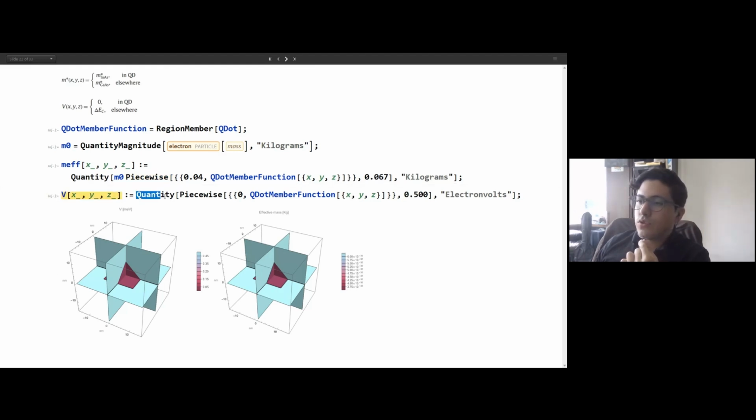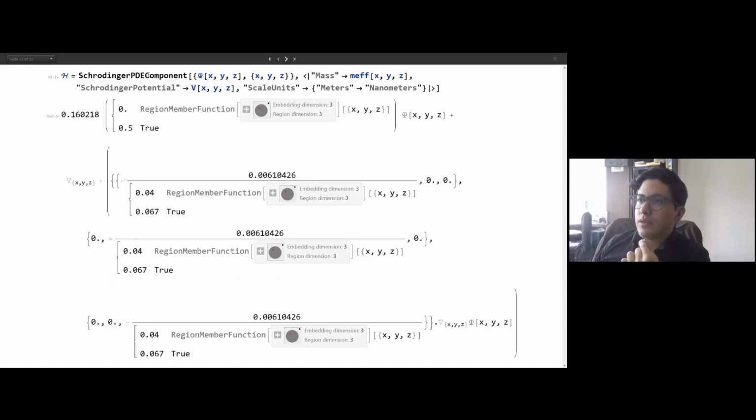And here we also use Quantity and give it the corresponding dimensions, because once we put that in the Schrödinger PDE component, it converts them to the SI base units by default. But once the mass and the potential are specified, you can use this important parameter as well.